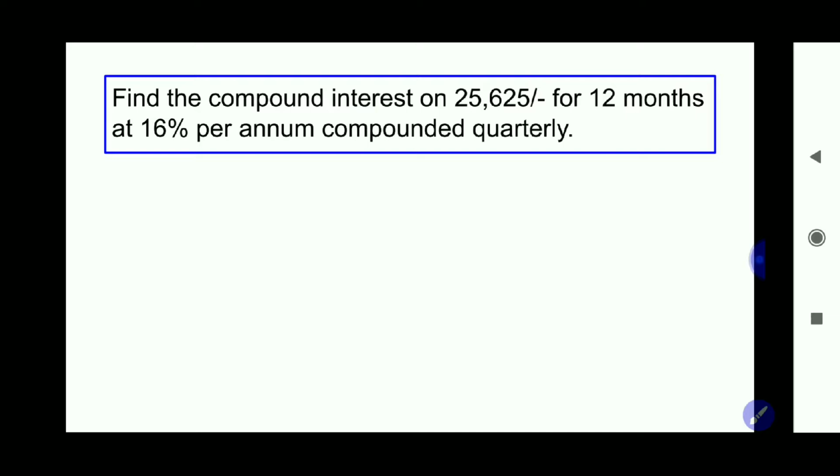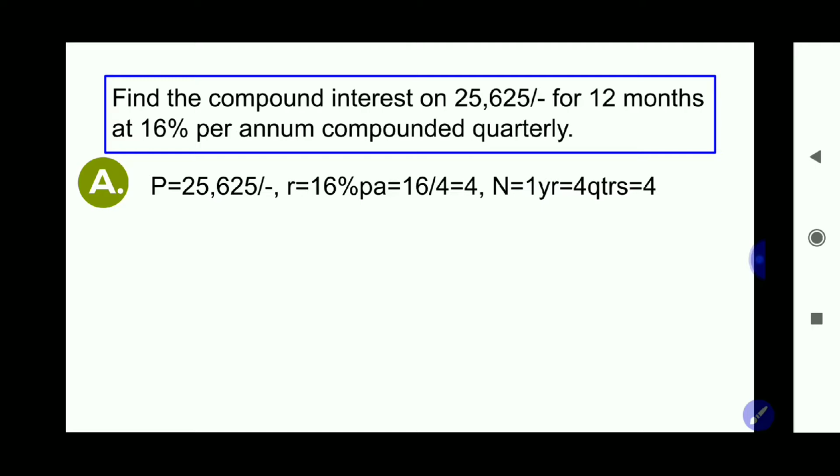Now, let us solve a small question. Find the compound interest on 25,625 for 12 months at 16% per annum compounded quarterly. In this question, P is 25,625. Rate of interest is 16% per annum. So quarterly it becomes 16 by 4, that is 4.